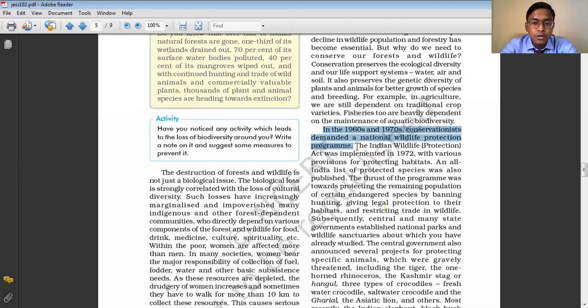As an outcome of that, the Indian Wildlife Protection Act was implemented in the year 1972 with various provisions for protecting the habitats.